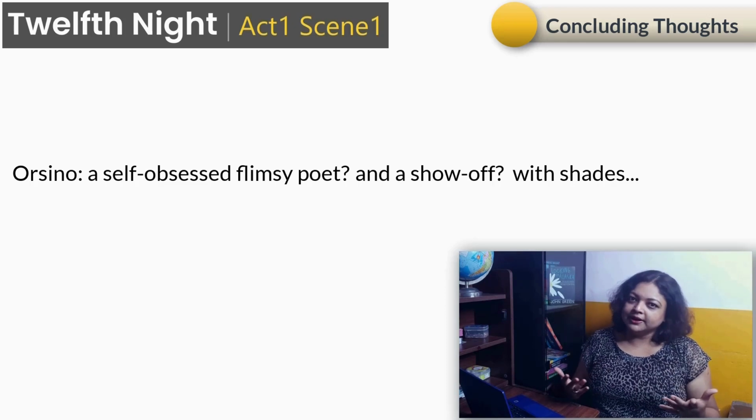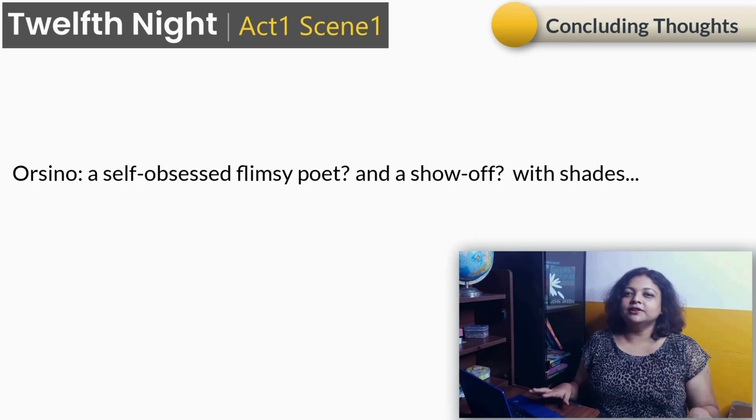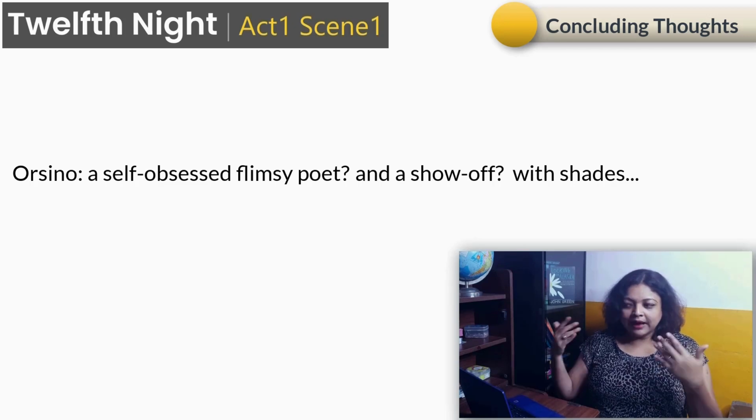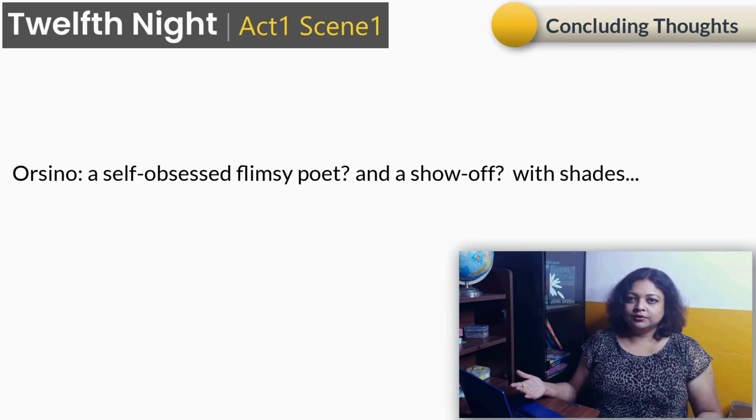Shades, it's all about shades. Shakespeare's characters are not absolute heroes and absolute villains, not in the comedies at all. We see characters like Orsino because characters like Orsino are there all around us and sometimes right inside us.